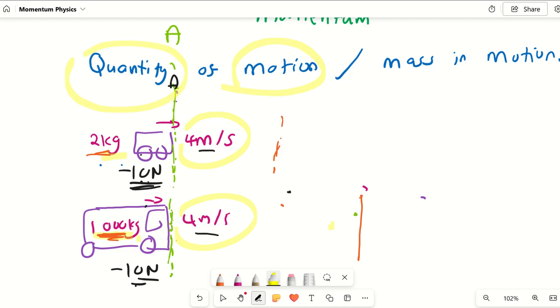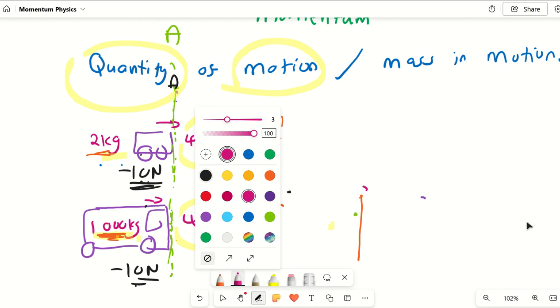It's got more motion, even though they're moving at the same speed. This is what we call momentum. Quantity of motion, mass in motion. Do you guys clearly see that momentum depends on the mass of an object?